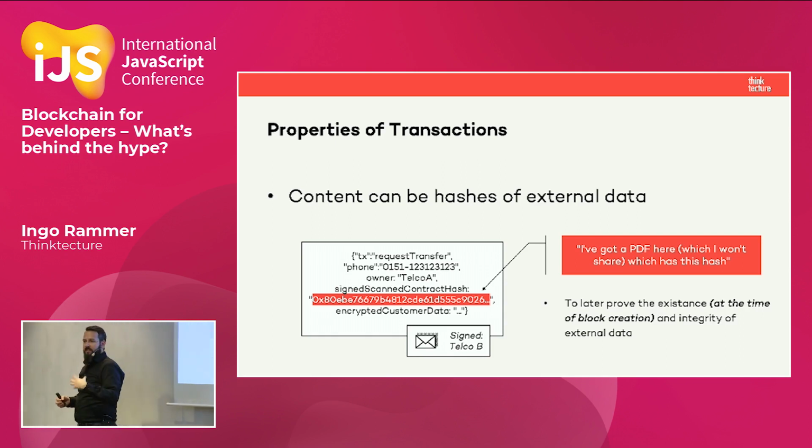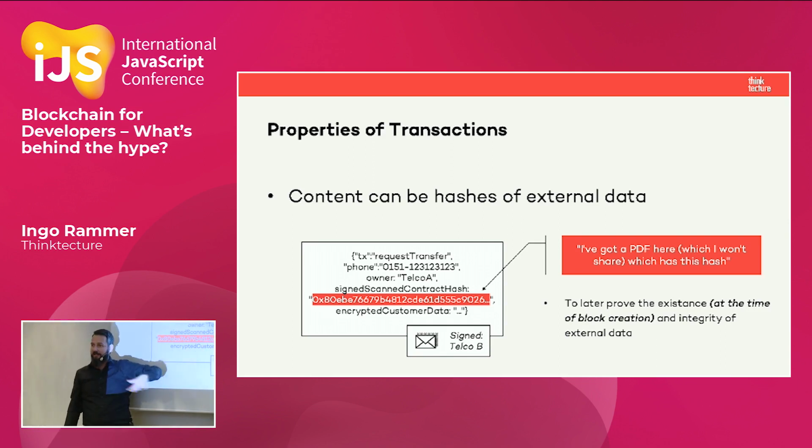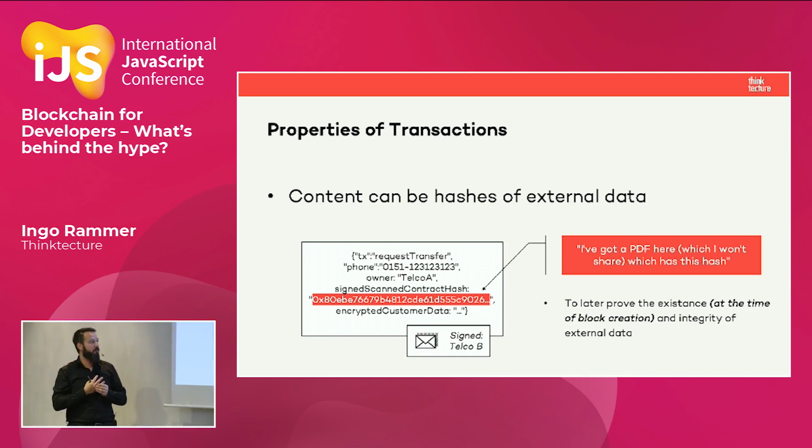Well, if later somebody challenges my statement, basically says, I don't believe that you actually had this okay from our client, they could go back to their enterprise system, retrieve the scanned contract with this ID, and send it over to the regulator to verify this. The regulator would run their own hash code calculations, same hash algorithm, and could verify that these are unchanged.